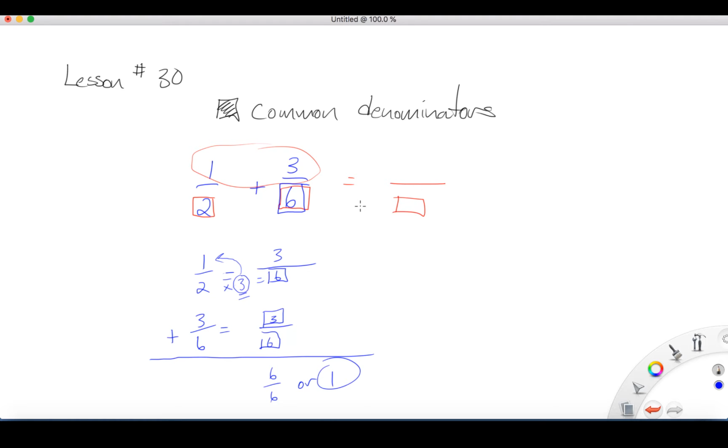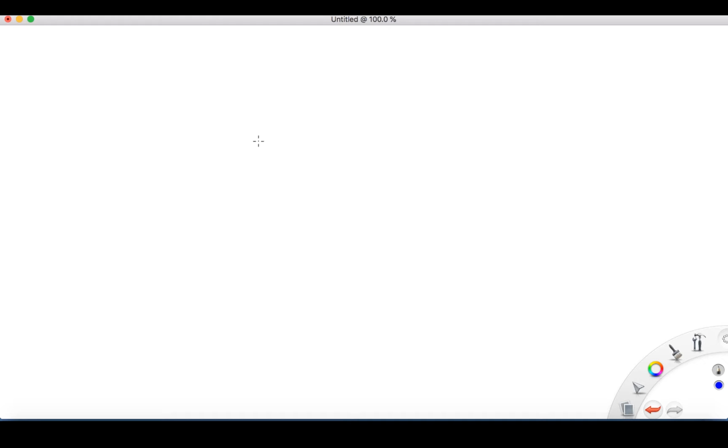So this is all about finding common denominators. We can find them by looking for the least common multiple. Let's do this. What about 1/4 and 1/3? Let's add those two fractions. What are the multiples of 4?